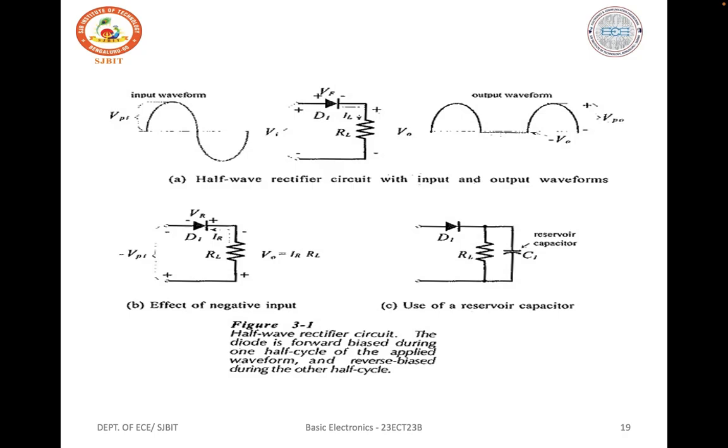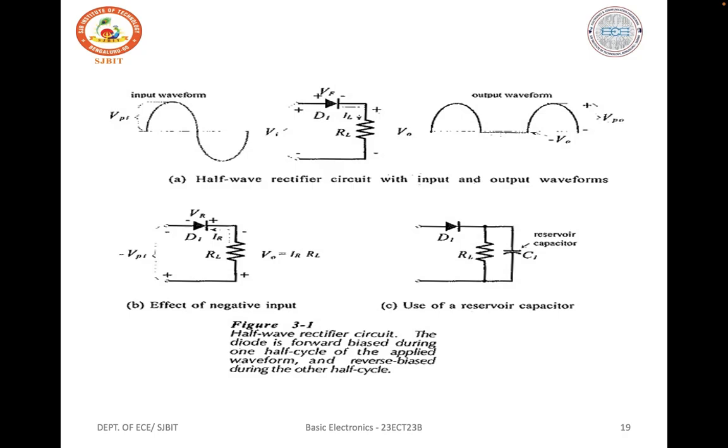Either of the two output terminals may be grounded so long as there is no other grounded point in the circuit. Now, when the transformer output waveform is at its peak positive level, the load waveform is actually a peak negative quantity, because output terminal B is negative with respect to the grounded terminal A. The diode is reverse biased during the negative half cycle of the transformer output, and so the load voltage is zero.